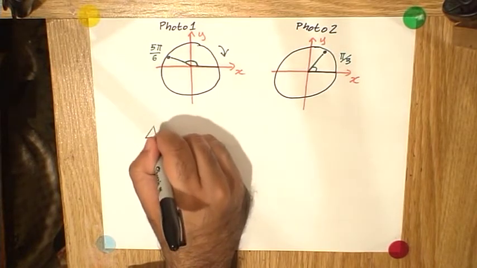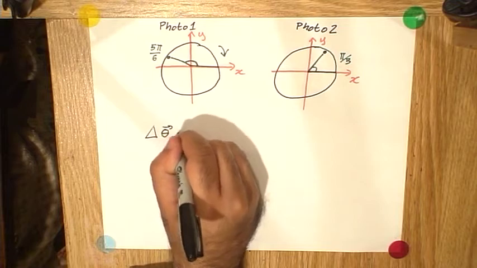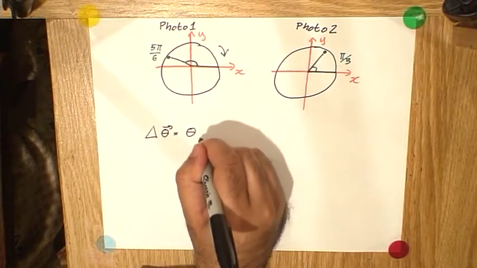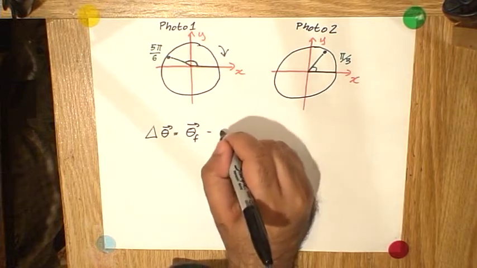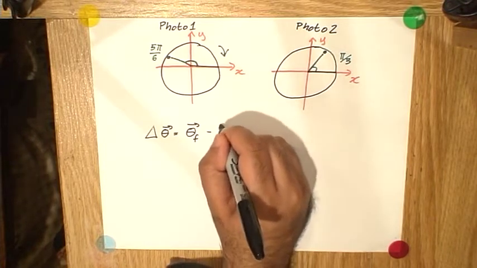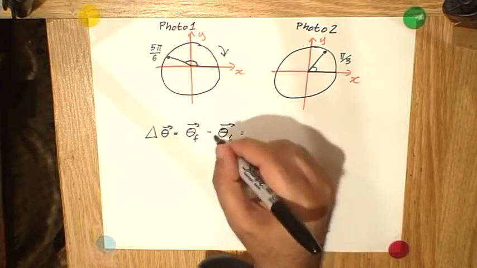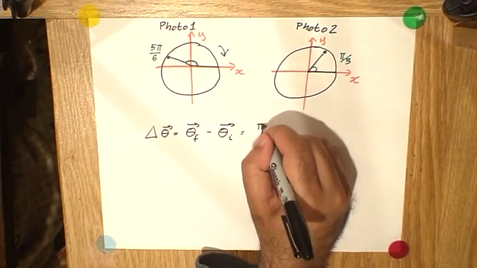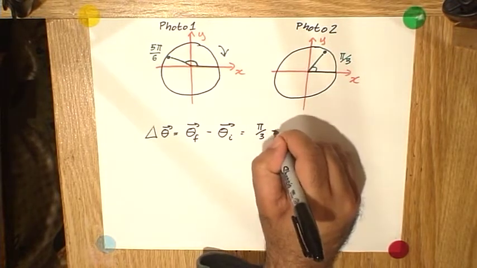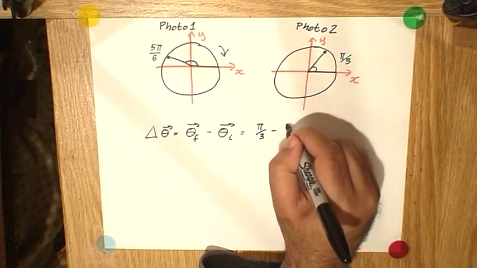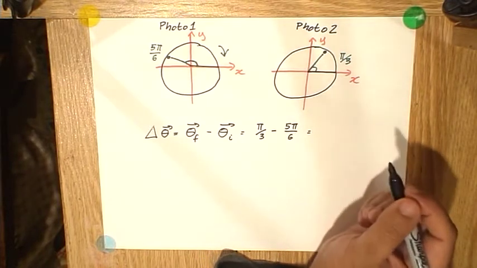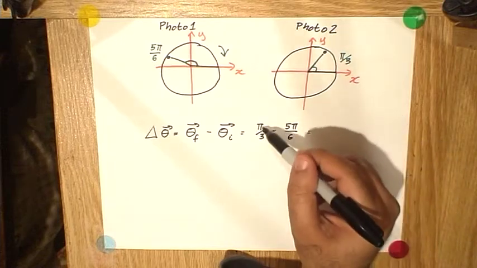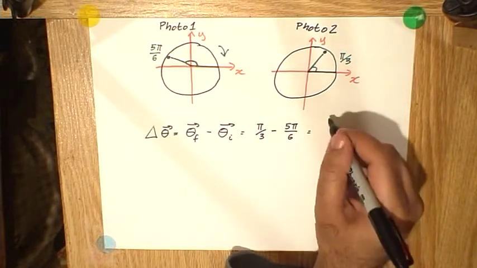The angular displacement, delta theta, is equal to the final angular position minus the initial angular position. That's equal to final position, pi over 3 radians, minus initial position, 5 pi over 6 radians. Again, we can do a common denominator by multiplying top and bottom by 2 over here.